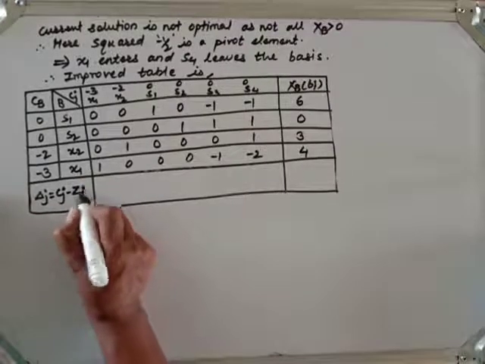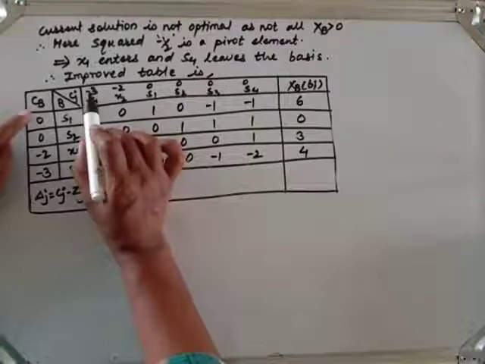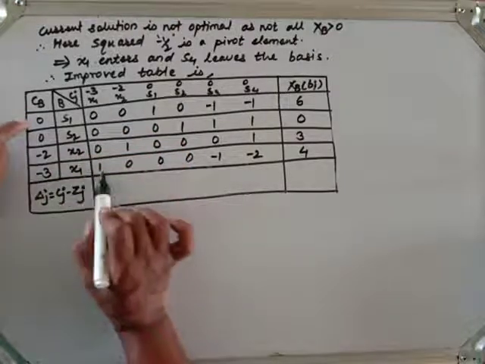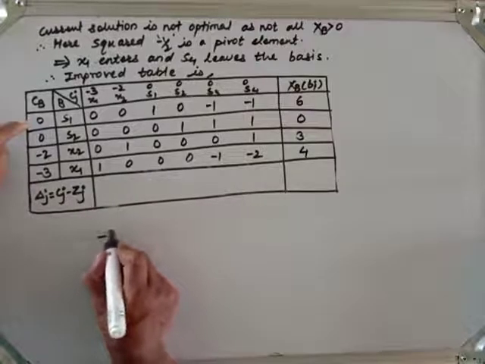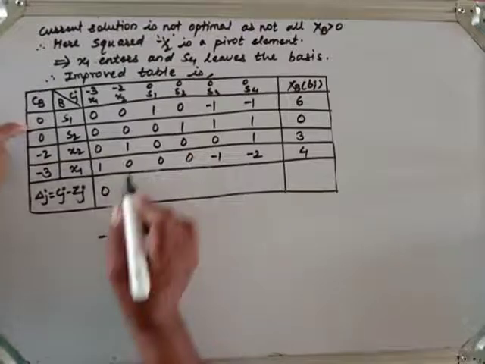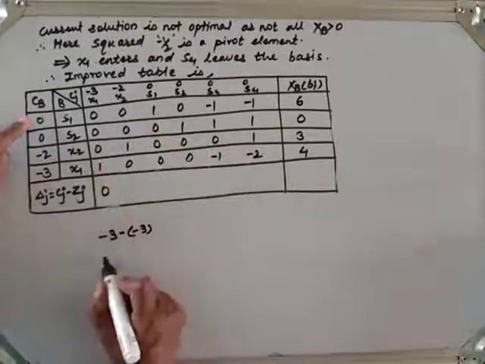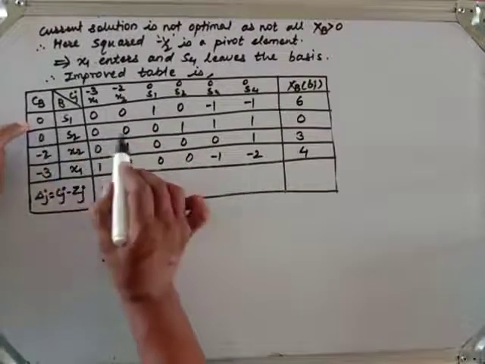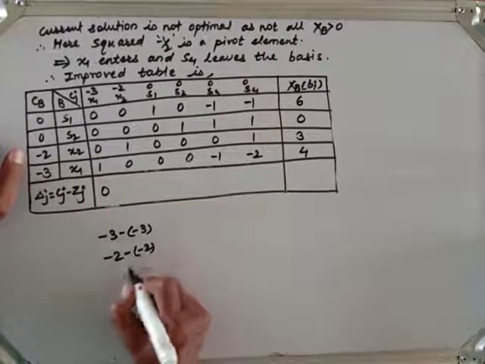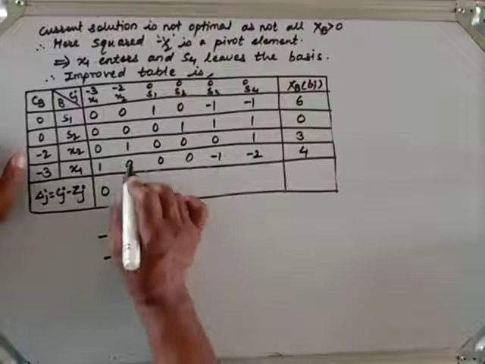Here Cj is -3, this is 0, 0, 0, and this is also -3. -3 minus of -3 becomes 0. Similarly here, this is -2, then 0, 0, and this is also -2, so again it is 0.